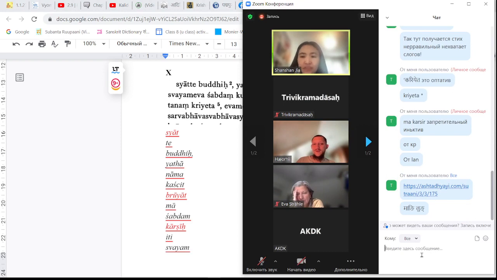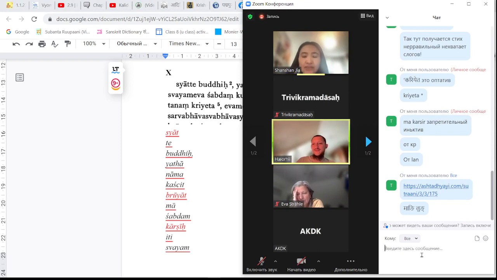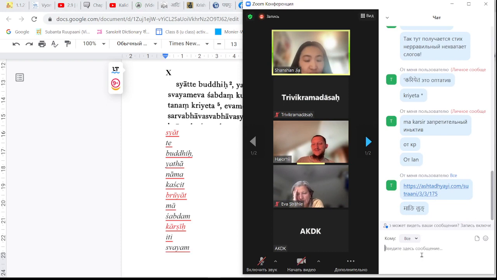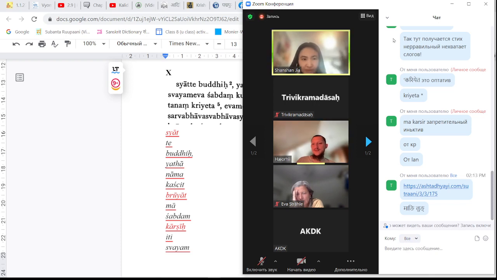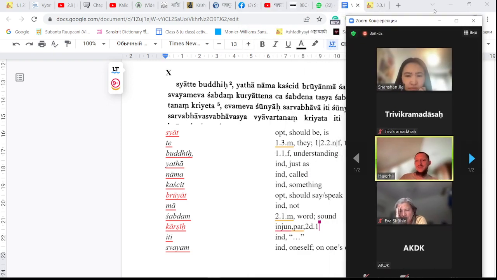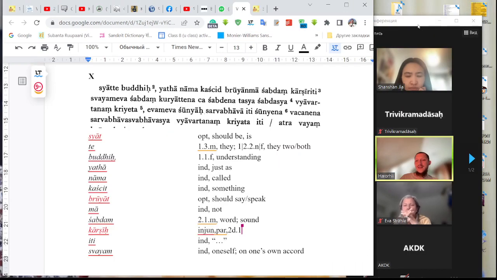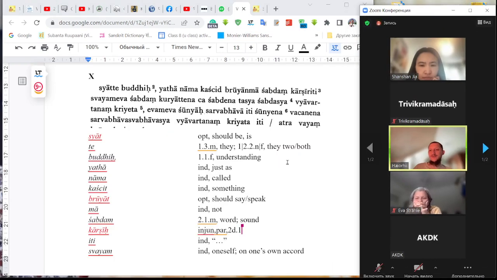It is not indicative, right? It is optative. Yes, it is optative. So how do we translate it? One should not say, one should not speak, or one doesn't say, will not, and so on.